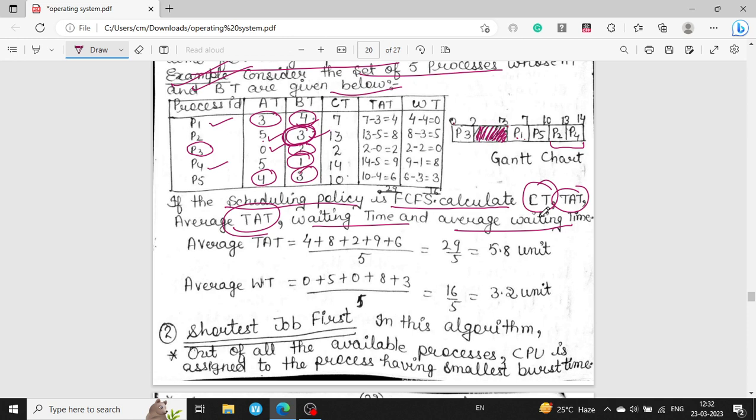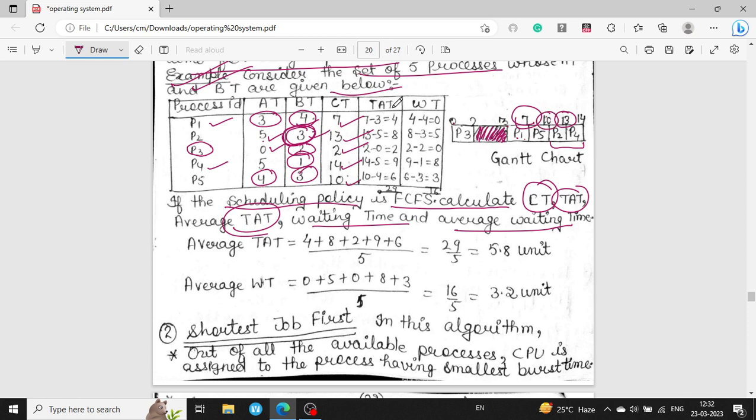Now you can see here, P1 completes its task at 7, so we write 7 in completion time. P2 completes at 13, we write 13. P3 completes at 2, we write 2. P4 will be completed at 14, we write 14. P5 completes its task at 10, we write 10.